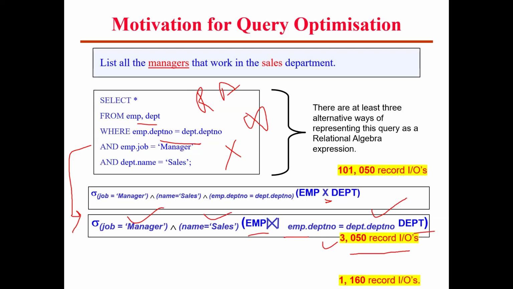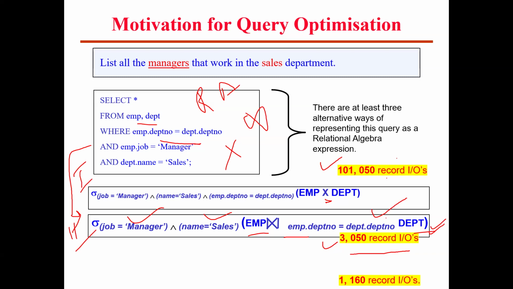You see, there is a tremendous decrement in the number of IOs when we use the first relational algebra and then the other relational algebraic query. So, which is the better one? Of course, the second one is better in these two cases, right?